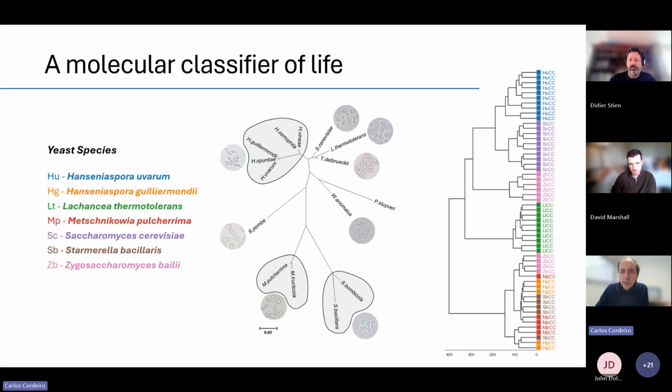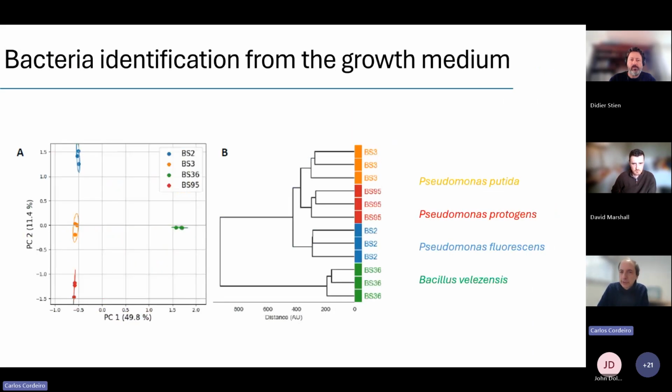It also allows us to work in a field that we call metametabolomics. That is, can you identify what was the living being that was present in a certain situation just from the chemical traces that were left behind? And it turns out it's possible to do that. So these are 3 soil bacteria, 3 different species from Pseudomonas, and 1 species of Bacillus.